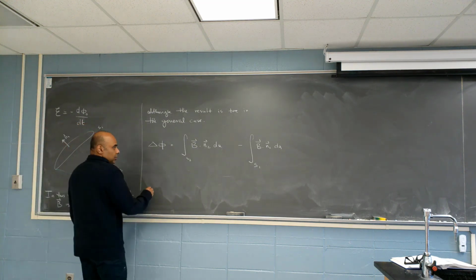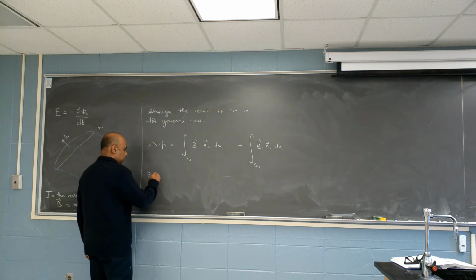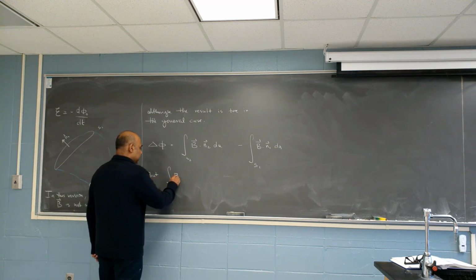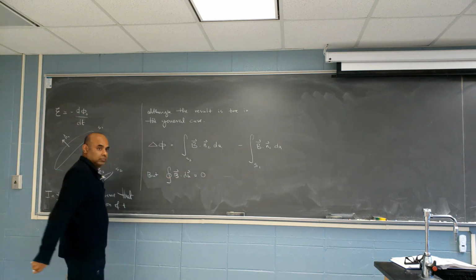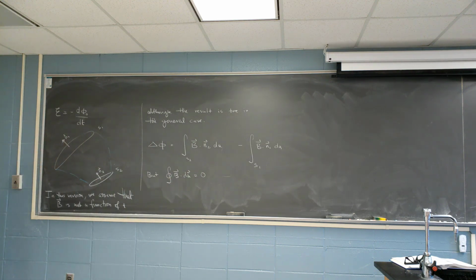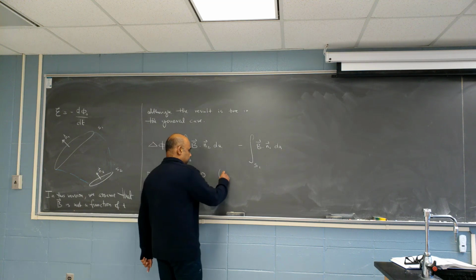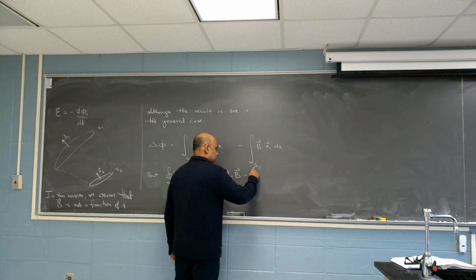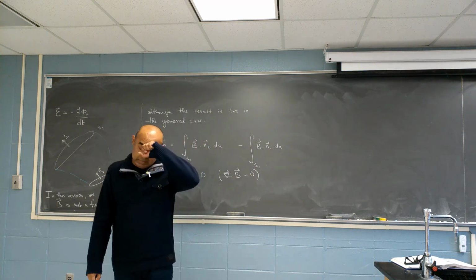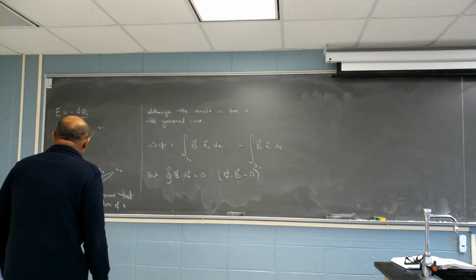But B dot dA of any closed surface is 0. Correct? That is because divergence of B is 0. Okay, well, what does that mean?